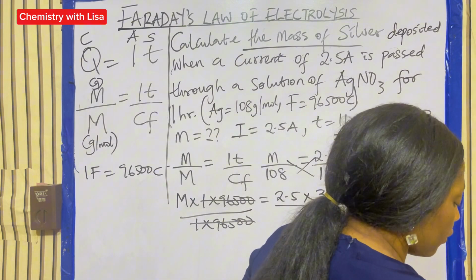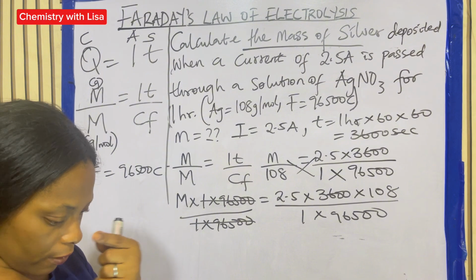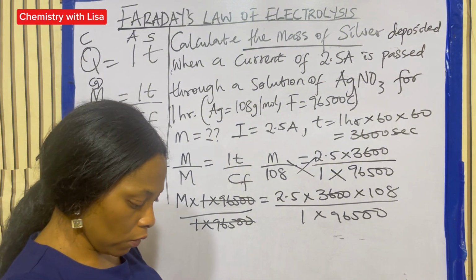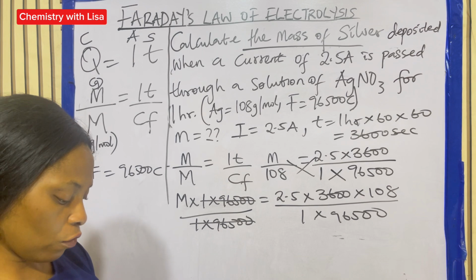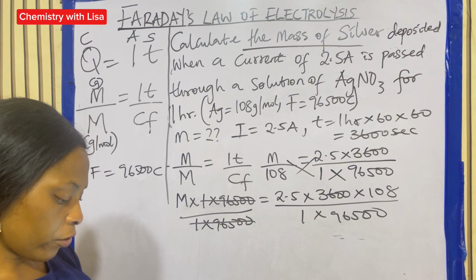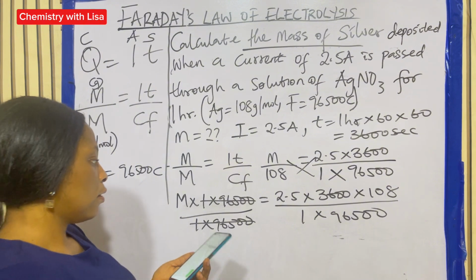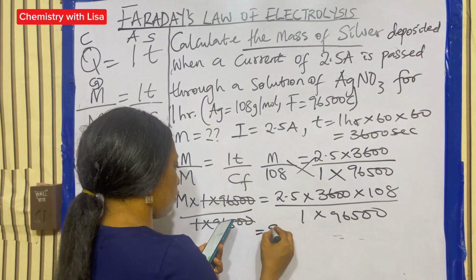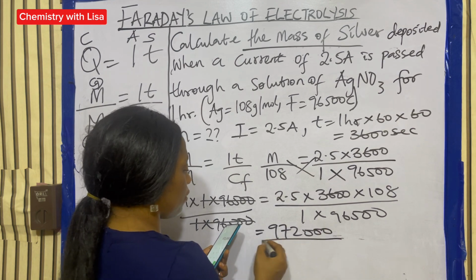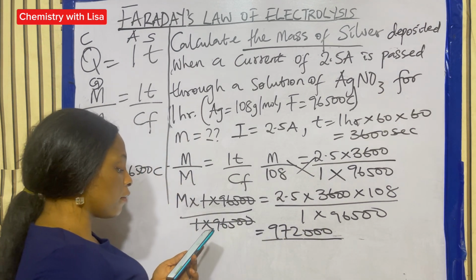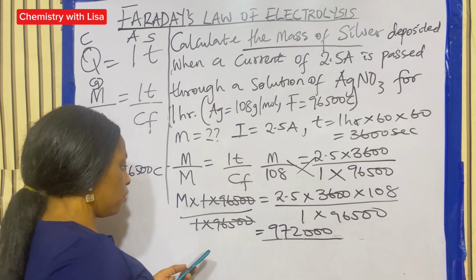So let me get my calculator. We are going to multiply 2.5 times 3,600 times 108. That will give us 972,000.